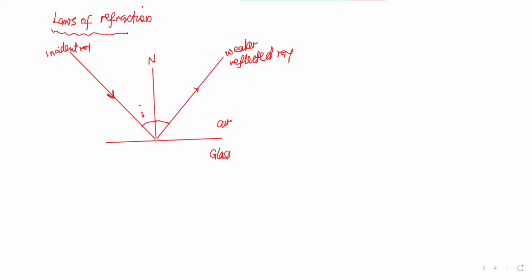If the material is a transparent material, then we'll have a greater part of it being refracted. How will it bend if the light is from a less dense medium to a more dense medium? The refracted ray is bent towards the normal. So we call this the refracted ray.